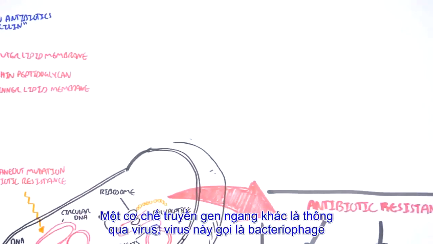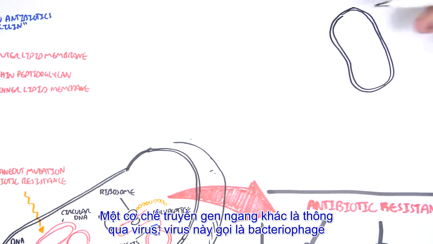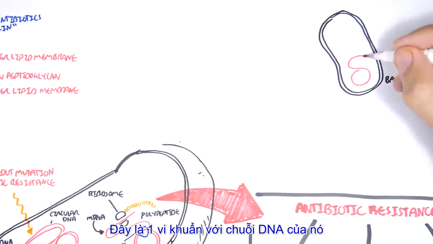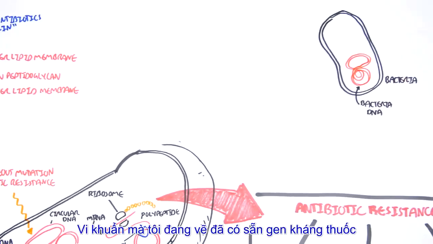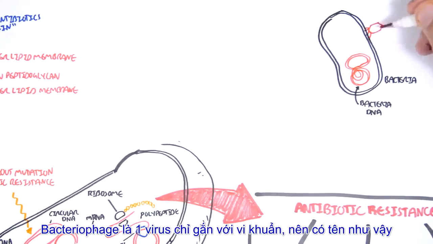Another form of horizontal gene transfer is through a virus called a bacteriophage. So here is a bacteria with its bacterial circular DNA. I should point out that this particular bacteria I am drawing has a resistance gene within it already. A bacteriophage here is a virus that only attacks bacteria, hence the name.